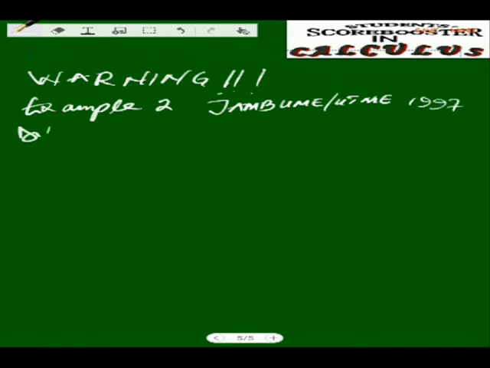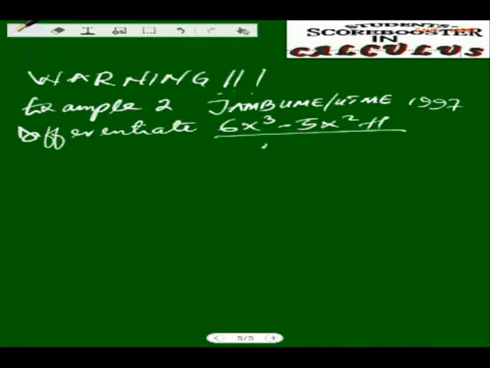So the question is, differentiate 6x cubed minus 5x squared plus 1 over 3x squared with respect to x.